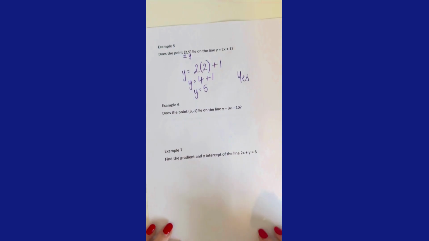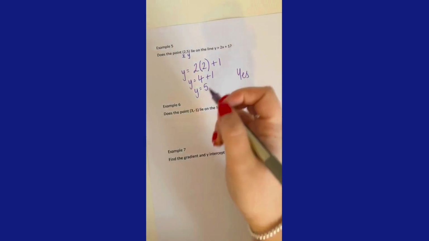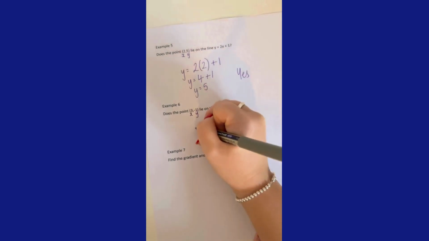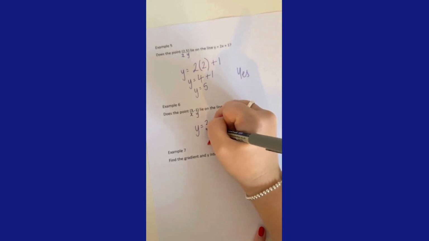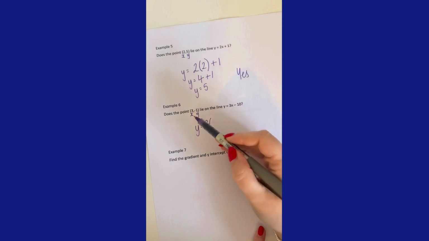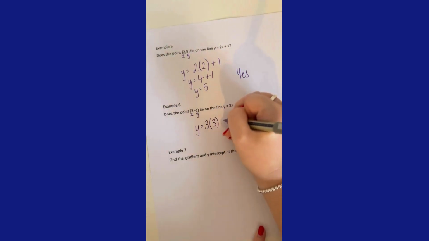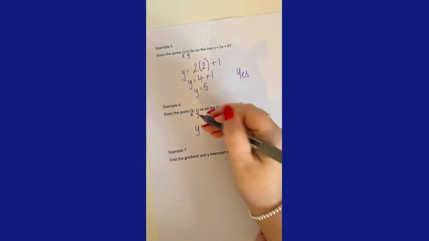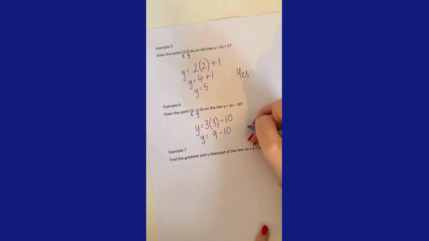Okay, let's have a look here. So does the point 3, minus 1 lie on the line y equals 3x minus 10? So let's say this is our x and this is our y. So we're going to say y equals, and we're going to substitute our x value in, 3 brackets, and our x value here is 3, take away 10. 3 times by 3, that gets us 9, take away 10. 9 take away 10 gets me minus 1.